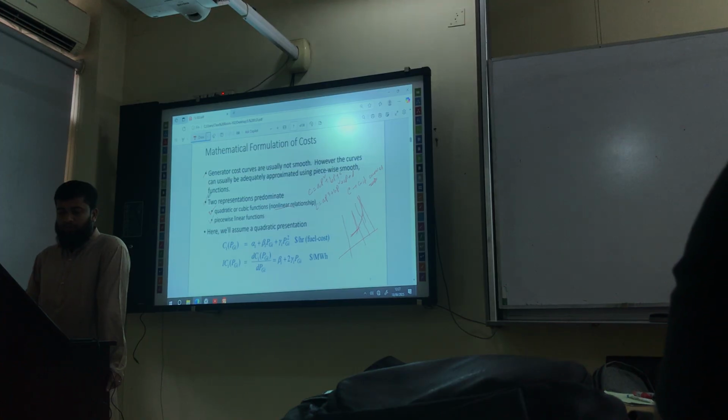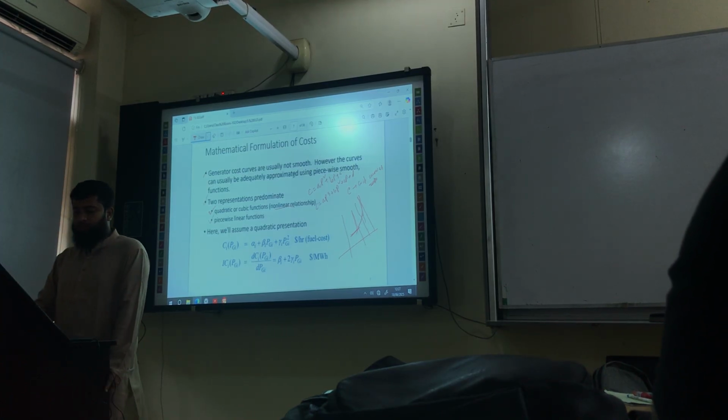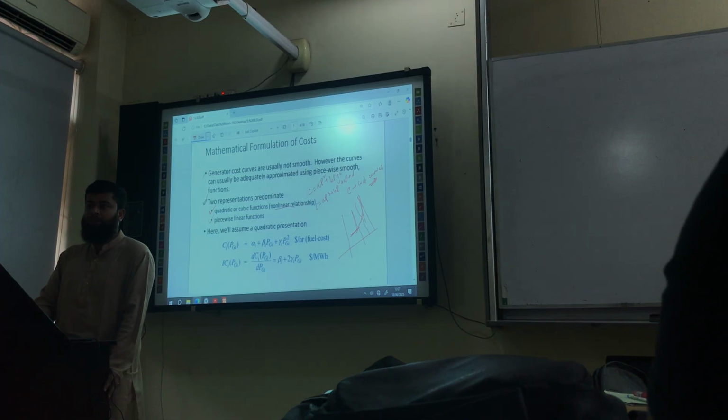At this point, I want to give you one piece of information: your complex engineering problem will be based on this economic load dispatch, and your first task will be to study some research papers and take one cost function. Obviously all the groups will not take the same cost function. Maybe one group can take the cubic function, another a piecewise linear function. In this discussion, we will only assume the quadratic representation for the cost function.